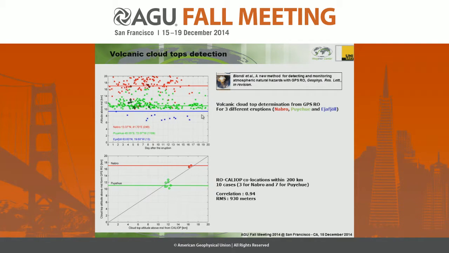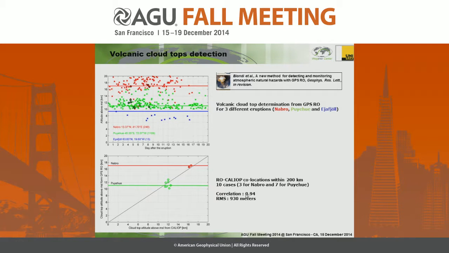So here I show the tropopauses with the horizontal lines for each eruption, and the cloud top computed with the bending angle anomaly technique. Then I also compared the cloud top from the bending angle technique with Calypso, as I did for tropical cyclones and convective systems, but I could do that just for Nabro and Puyehue, and this is the scatter plot.